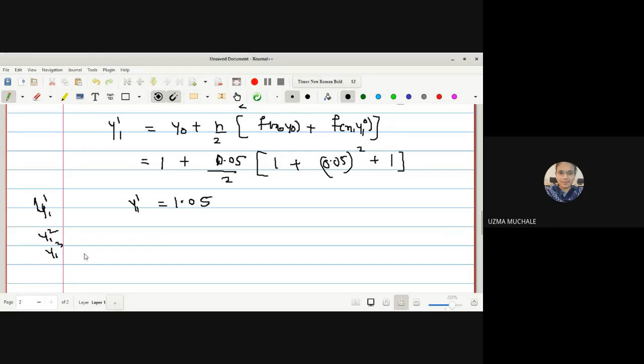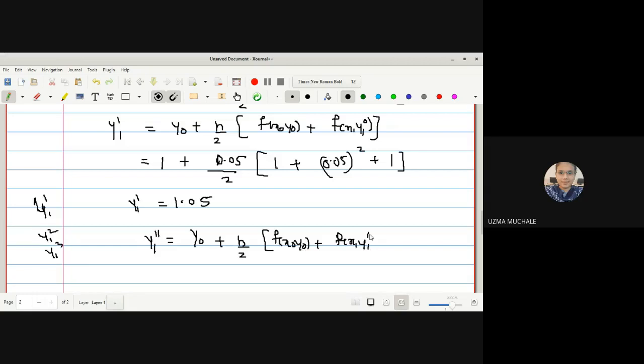Okay. Now let us proceed for the next one. We have to find out y1 raised to 2, which is equal to y naught plus h by 2 times f of x naught y naught plus f of x1 y1 raised to 1.